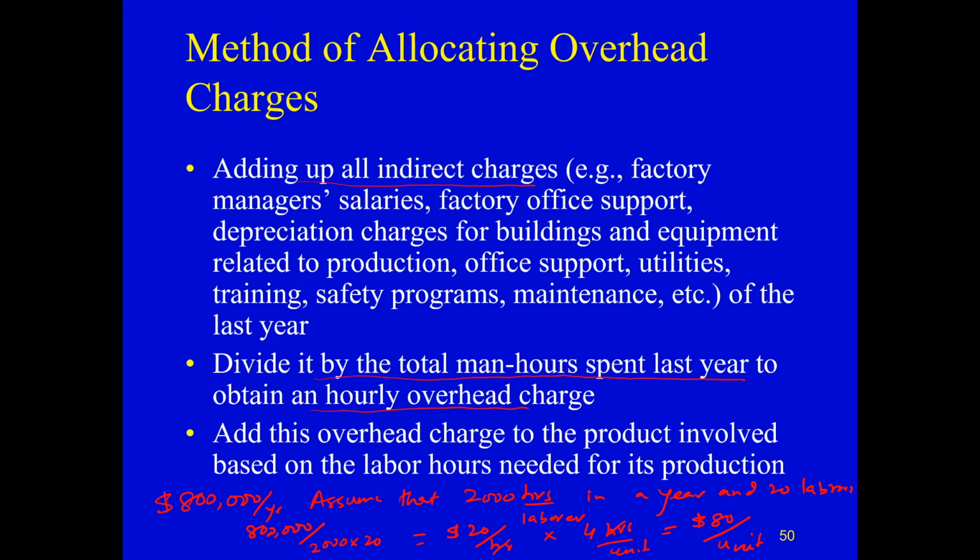However, if the company is making several products and also the cost of overheads are large, then this method will not be accurate and may lead to wrong decisions about the profitability of products or appropriate pricing strategy, etc. So that's what we are going to learn about, how to allocate the overhead charges when we have multiple products and maybe the overhead charges are a significant part of the cost of goods sold.